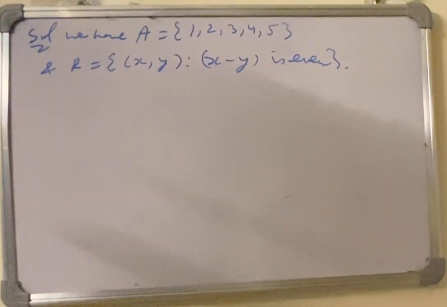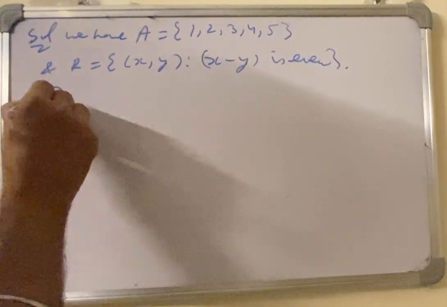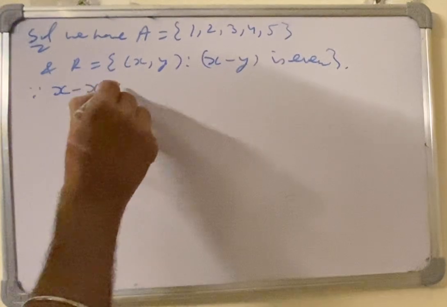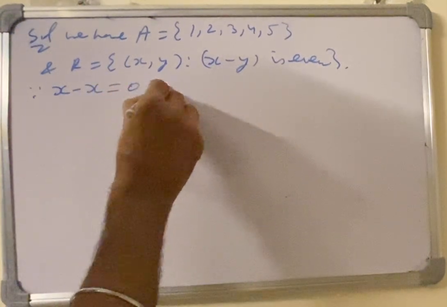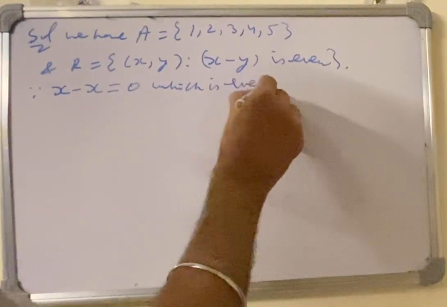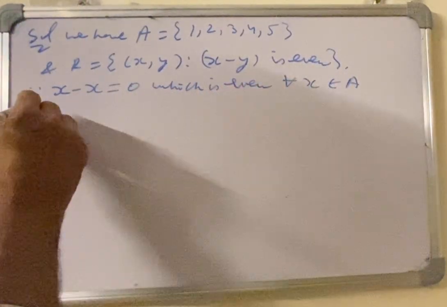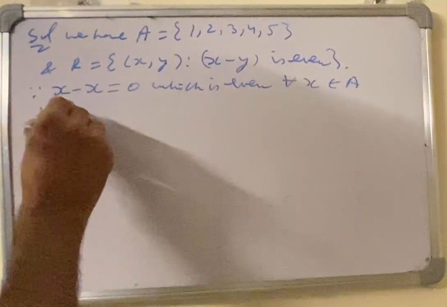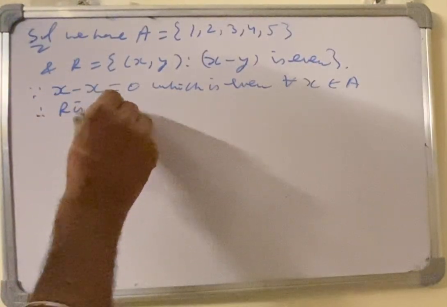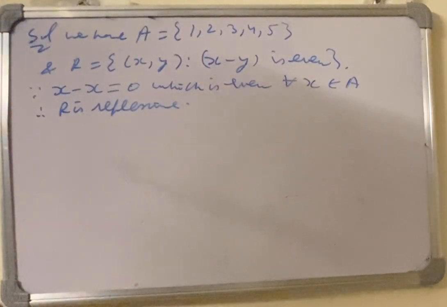Now since x minus x is equal to 0, which is even for all x belonging to A, therefore R is reflexive.